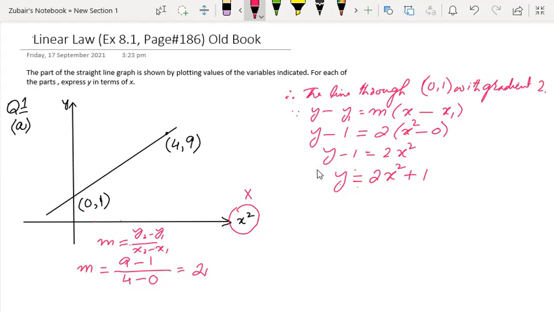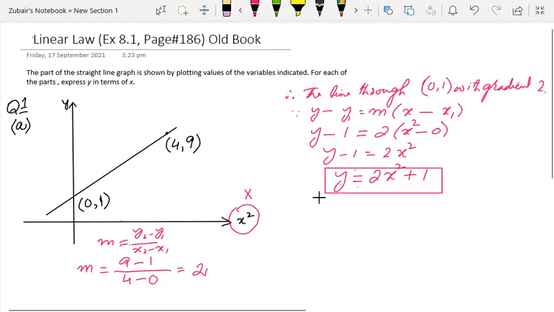So finally, this is the required answer. Yes. So that's the answer.